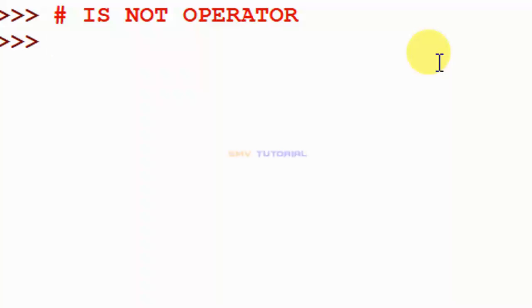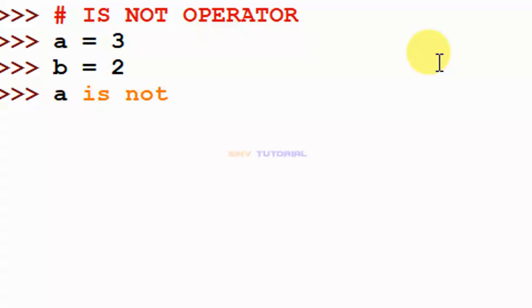Let me check this condition with an example: A is equal to 3, B is equal to 2. I check A is not B. This condition is true. Why?